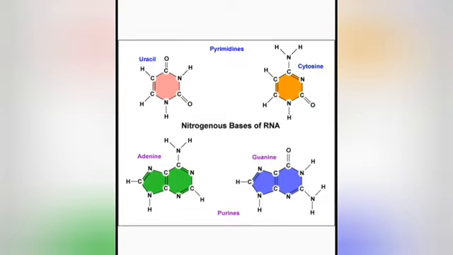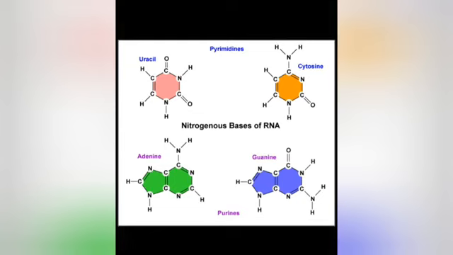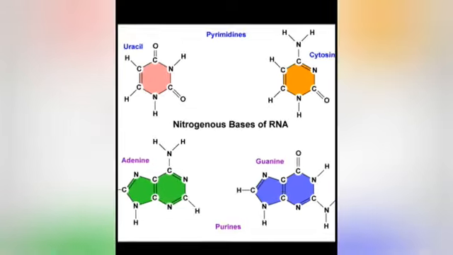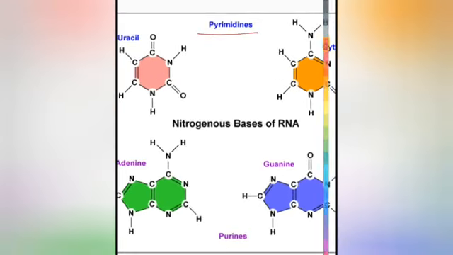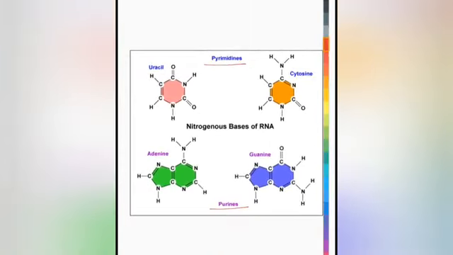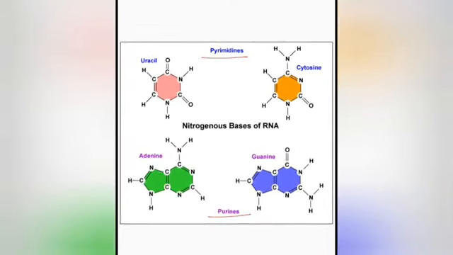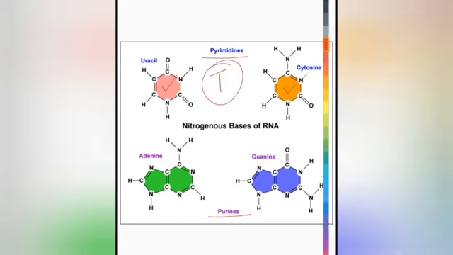Now coming to the different nitrogenous bases that are found in a nucleotide. There are basically 2 types of nitrogenous bases. One is pyrimidine, the other one is purine. Those nitrogenous bases that consist of only one ring, as you can see here, uracil has one ring, and cytosine has one ring, and there is another one which is known as the thymine, which is not drawn here.